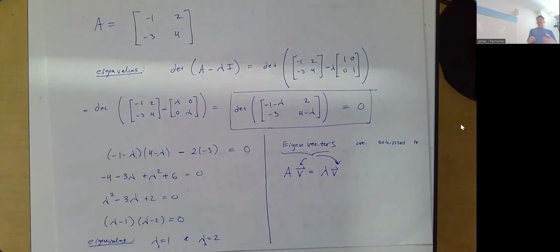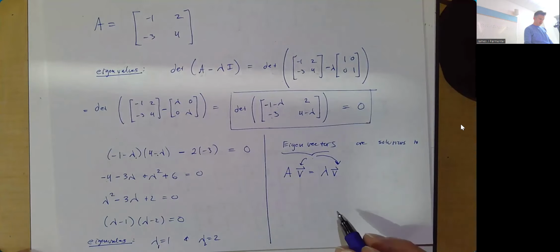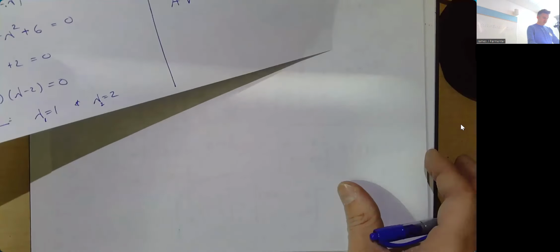So if you take the matrix A and multiply it by that vector, it's equal to the eigenvalue we just found, either one of them, for specific different vectors, times that vector. And I feel like we don't really have enough room here, so let's give ourselves a little bit more room.